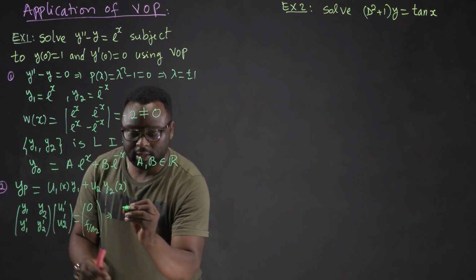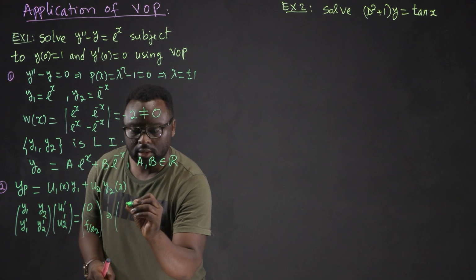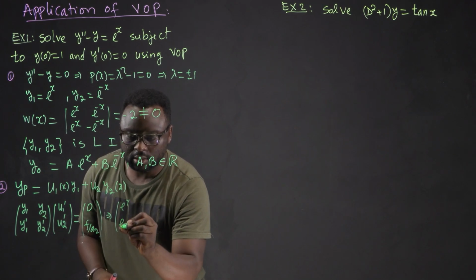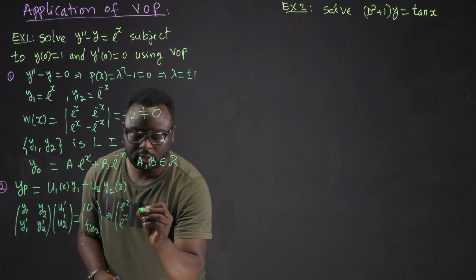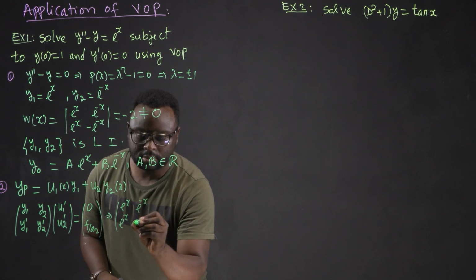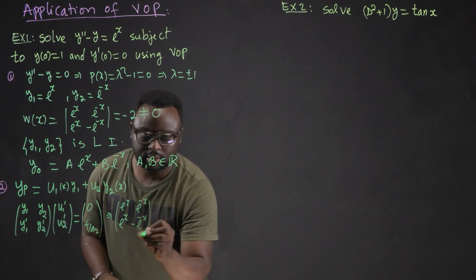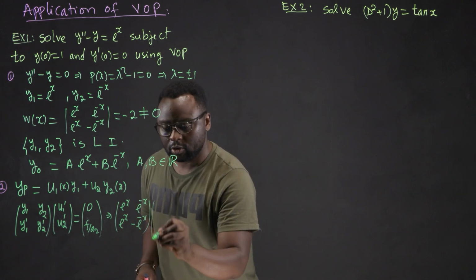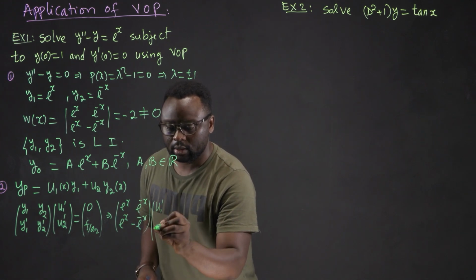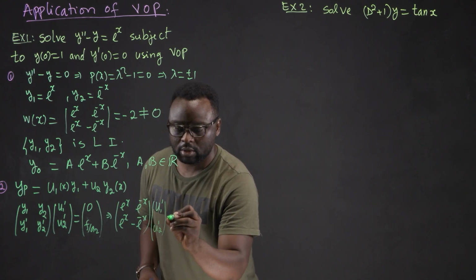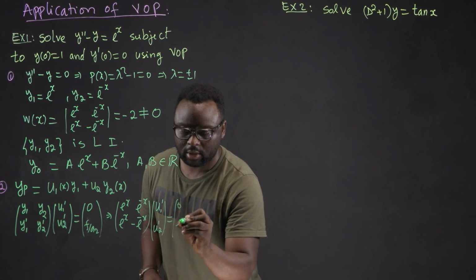So this implies that y1 is e to the power x. The derivative will be e to the power x. This is e to the power minus x, minus e to the power minus x. Okay? This multiplied by u prime 1, u prime 2 is equal to 0, e to the power x.